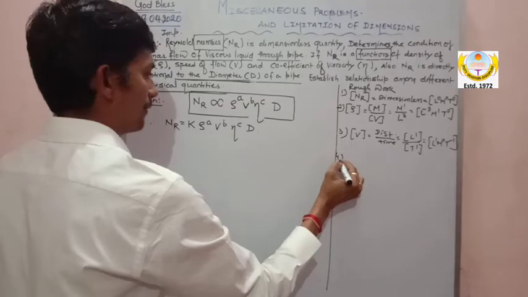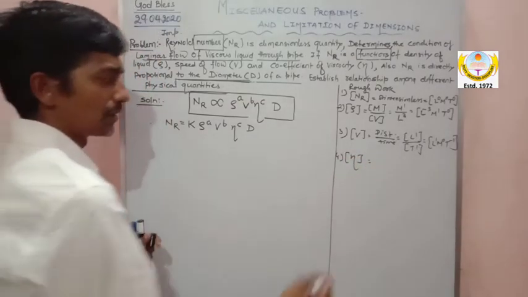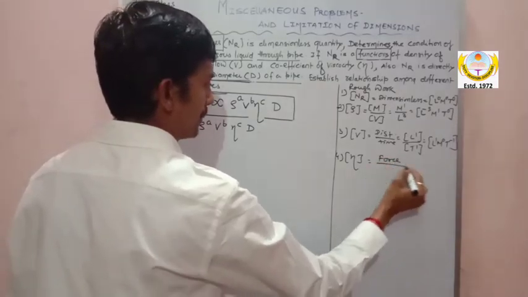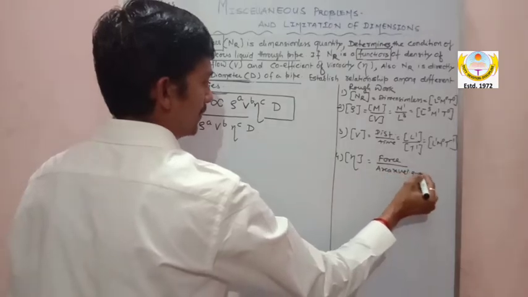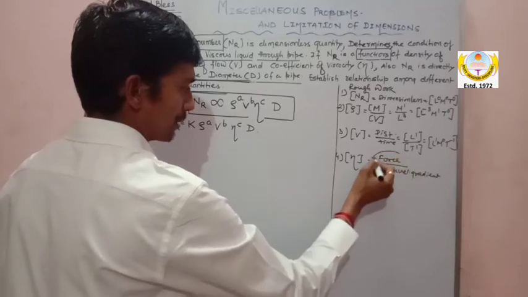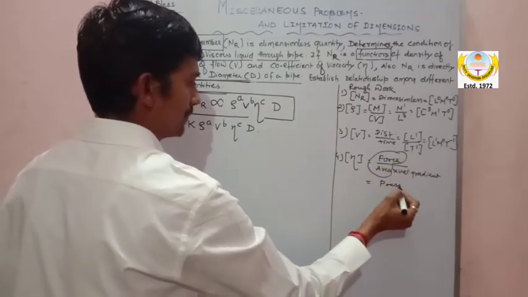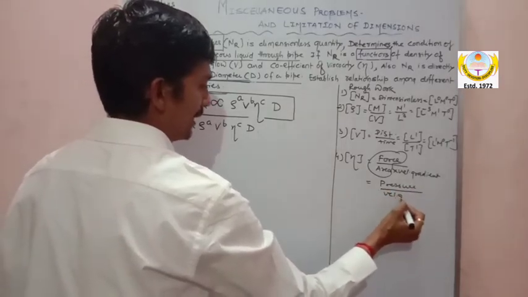Next is the dimension for eta, the coefficient of viscosity. The coefficient of viscosity has the formula force divided by area into velocity gradient. I hope it is clear. Force upon area is called pressure, and this is divided by velocity gradient.